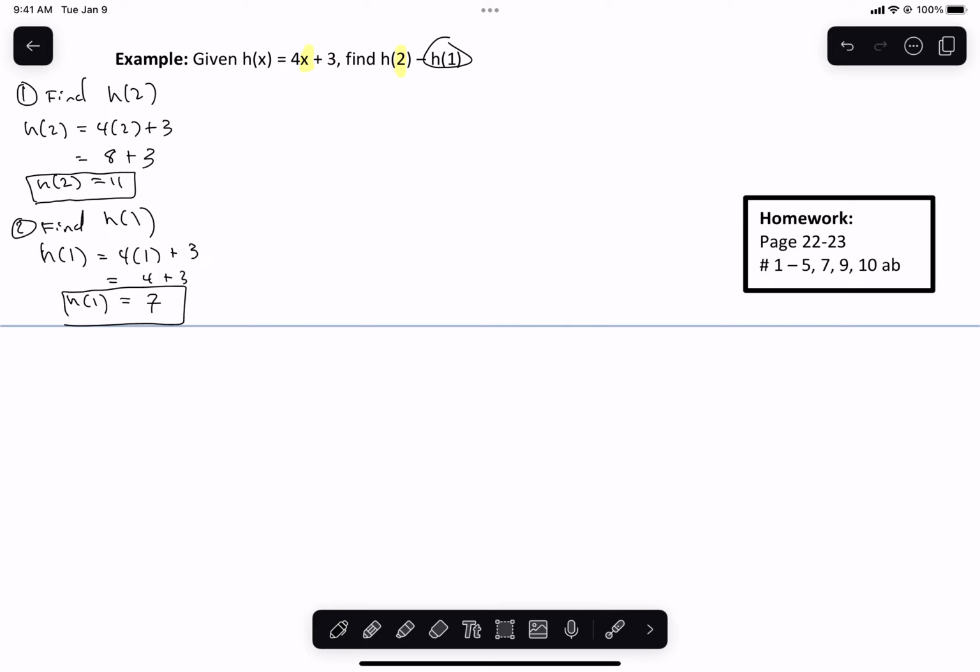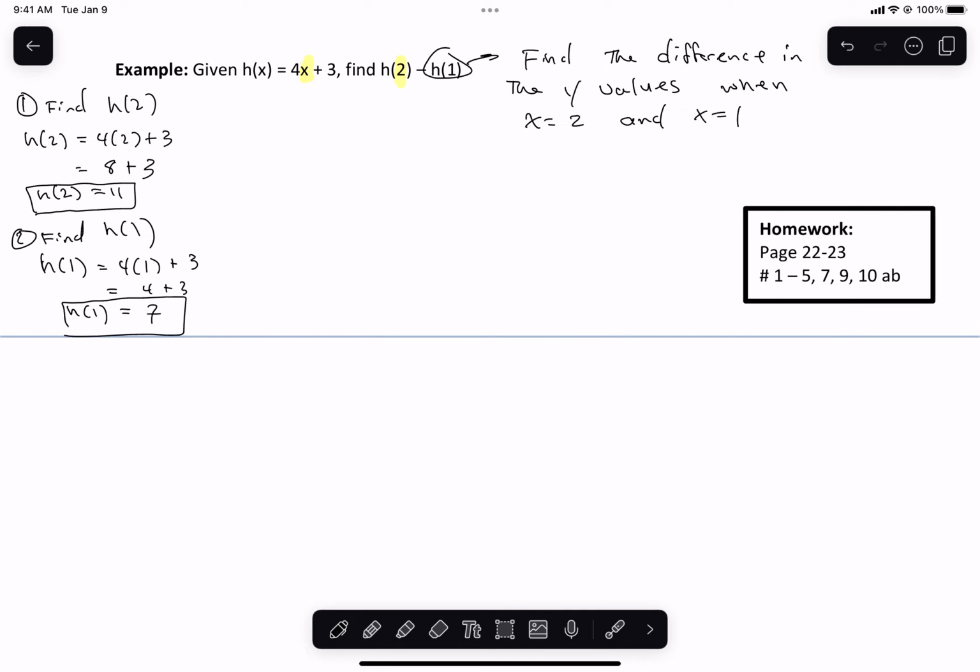Okay. So I'm finding 2 y values there, and then they're asking me to subtract the 2. So I'm finding the difference between the 2 y values, right? That's what that says. Find the difference in the y values when x equals 2 and x equals 1. Okay, I'll let you write that down. Then we're almost done.